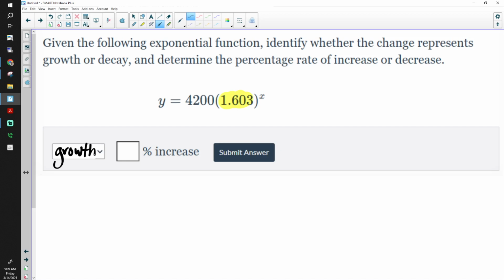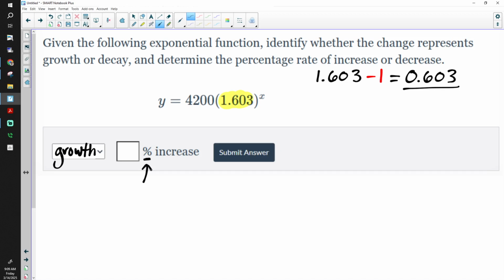Now we want to know our percentage increase. So we're going to look on the inside, at our 1.603. Our formula is always 1 plus our rate. So if we subtract 1, we are left with our decimal rate, 0.603. This is our decimal. But our problem is asking for the percentage. To turn a decimal into a percentage, we usually divide by 100.